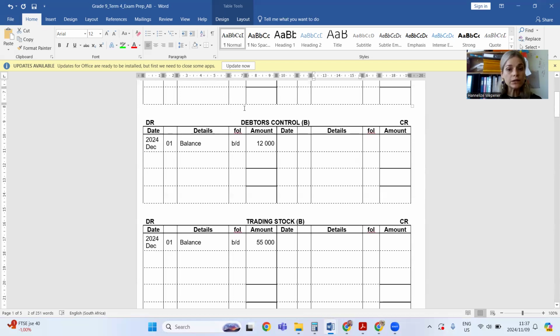Then debtors control. So once again, an asset. Every time your debtors purchase from you without paying you, they owe you more money, so your debtors increase. So for your debtors control, you wait until the last day to see how much they purchased from you, so how much you had in sales, as recorded in the DJ, that you haven't yet received.